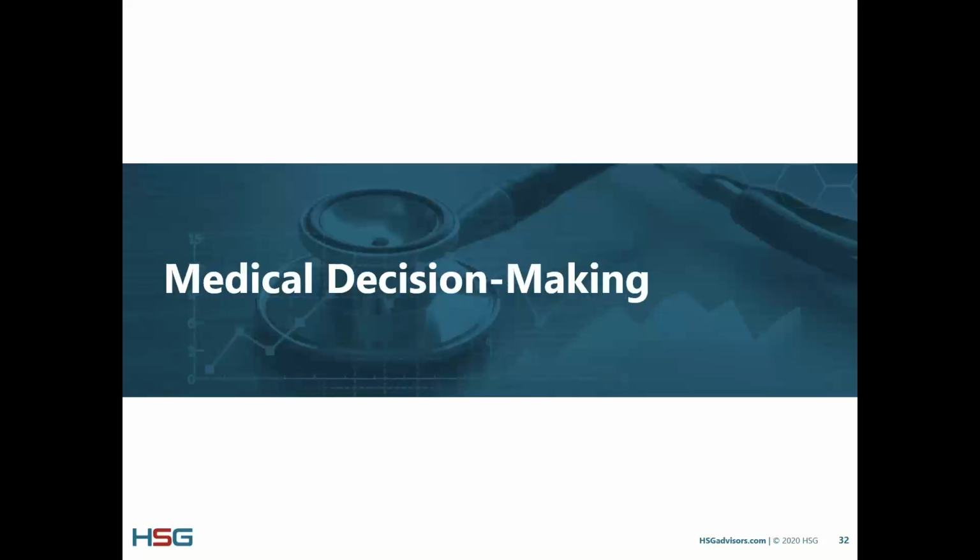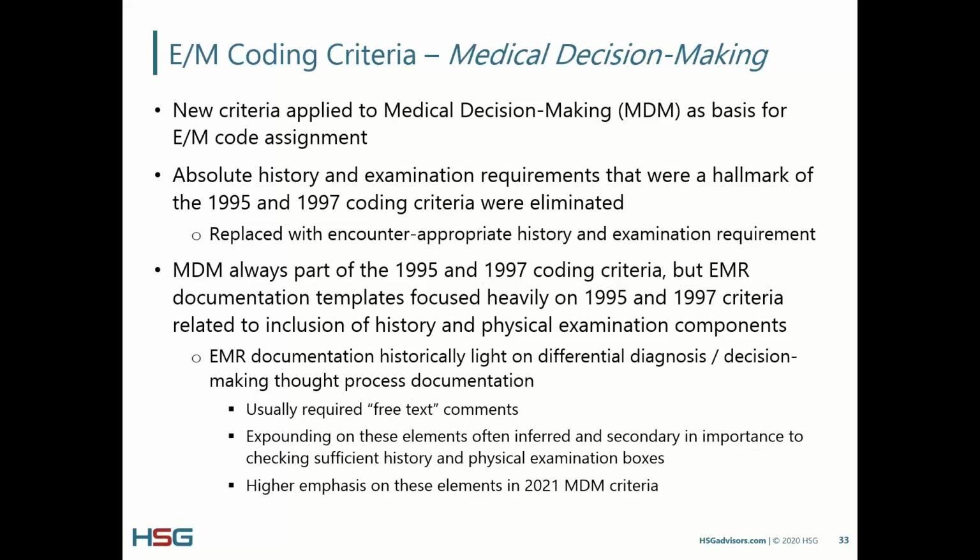The other option for coding assignment is medical decision making. Now, medical decision-making has been part of the coding parameters, both the 1995 and 1997 coding parameters. But we've focused more on checking the box for the history and physical elements and components that were the most identifiable, the most auditable, the most, quote, objective of the medical decision-making criteria.